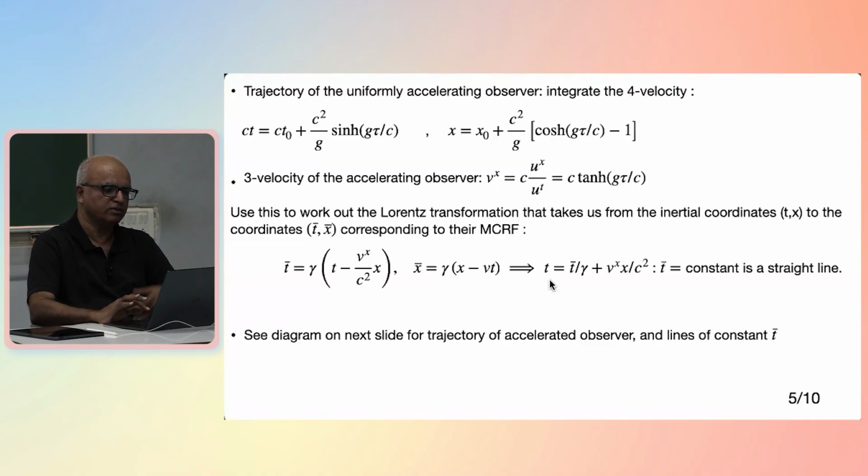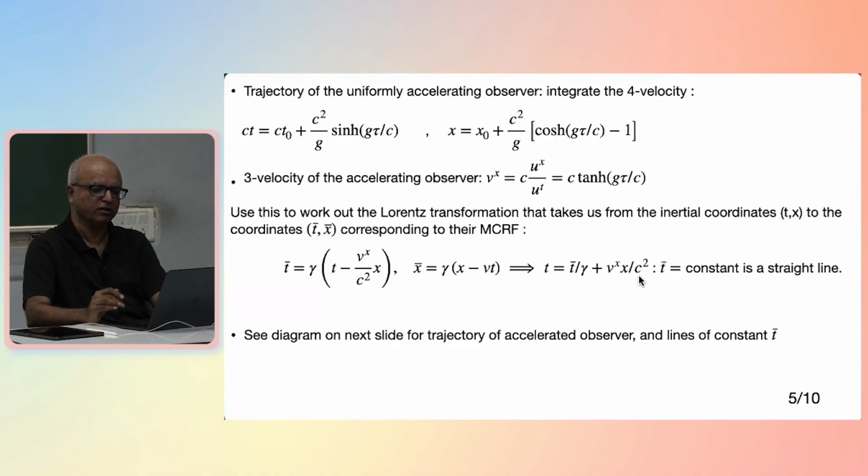So you can see from the first equation that t can be written like this. T is the time in the inertial observer's frame. T bar is the time of another inertial observer, the MCRF observer. If you put t bar as some constant, and Vx is given, t becomes a linear function of x.